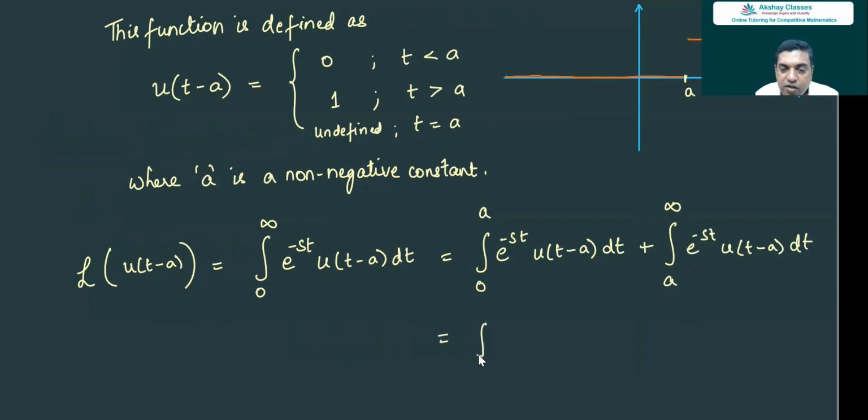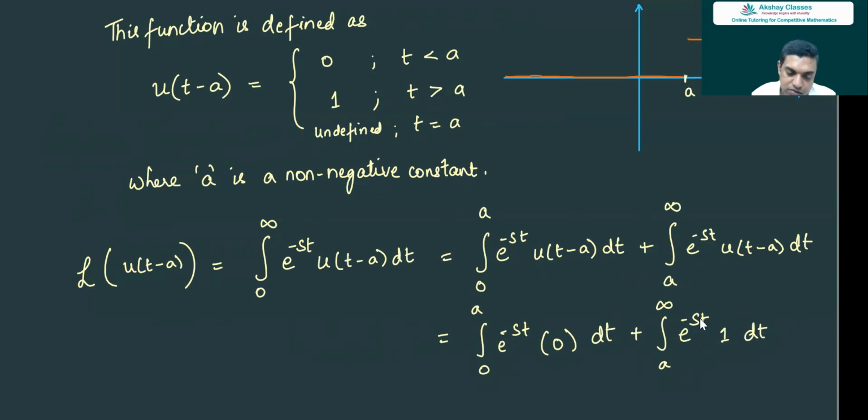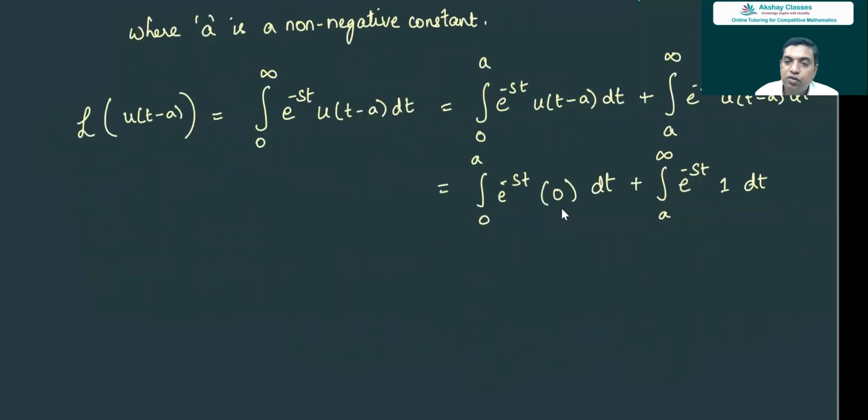Now, between 0 to a, this term is 0 because t is less than a. And for values greater than a, this is equal to 1. So this term goes to 0.